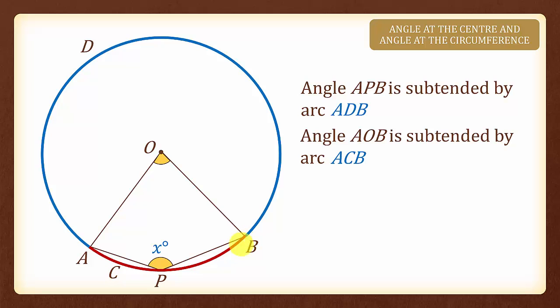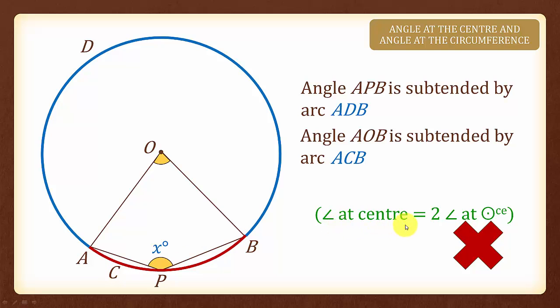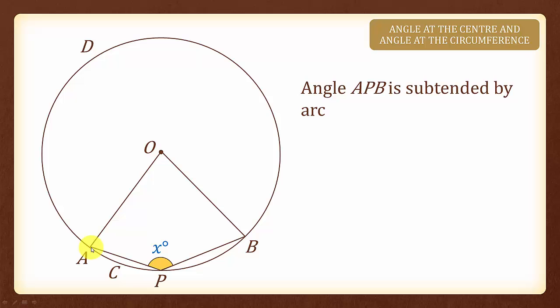And since they are subtended by different arcs, we cannot use the property angle at the center equals twice the angle at the circumference. Now, if the angle at the circumference is angle APB, where is the angle at the center? Since angle APB is subtended by the arc ADB, to find the angle at the center, the angle must also be subtended by the arc ADB.